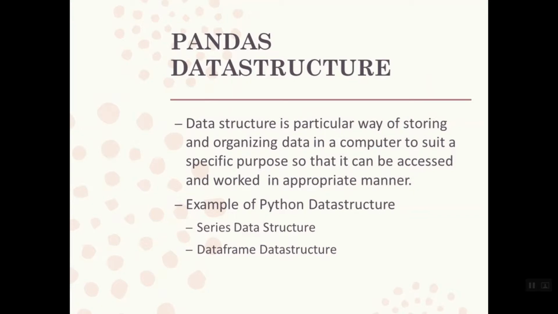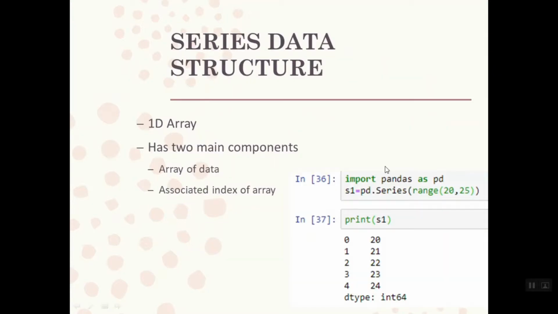If we want to see an example, we can see here that we have imported pandas as pd and then assigned s1 equals pd.Series. Through this way, we are creating a series by the range function. If we have given 20, 25, that means the values will range from 20 to 25 with a step of 1 automatically.